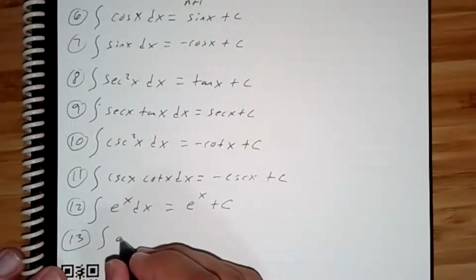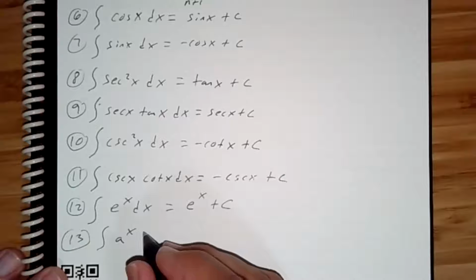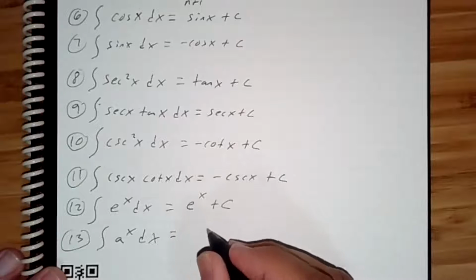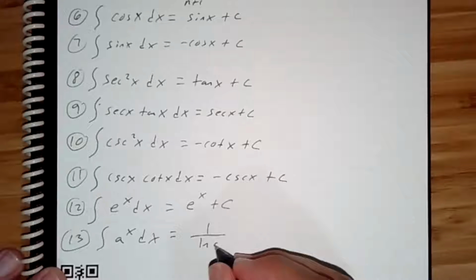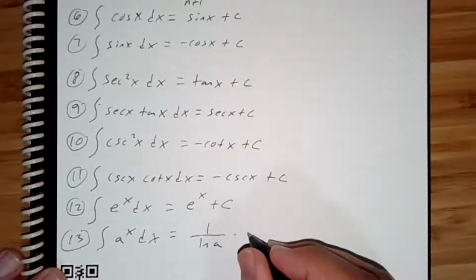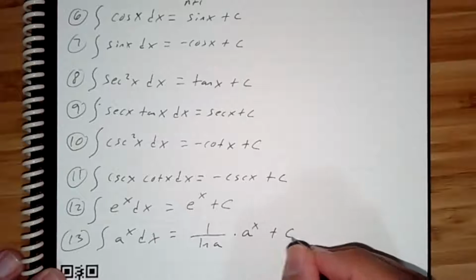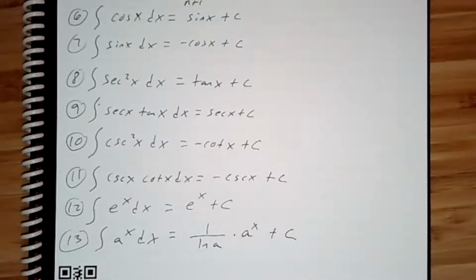Integral of some number a to the x dx is equal to 1 over ln a times a to the x plus c. Okay. Let's do some examples and then we'll move on to 5.2.